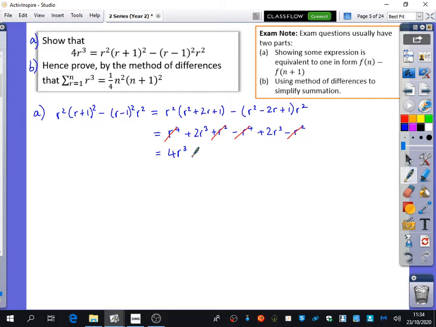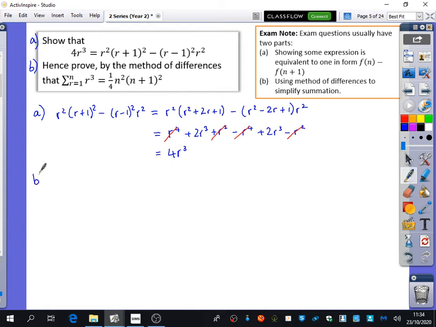Pardon? That's it. It's just a simple thing to begin with. That part A is either going to be like an algebraic manipulation or it might be partial fractions that we'll have a look at in the next example anyway. So we've now done this. We've shown that it's equal to 4r cubed.